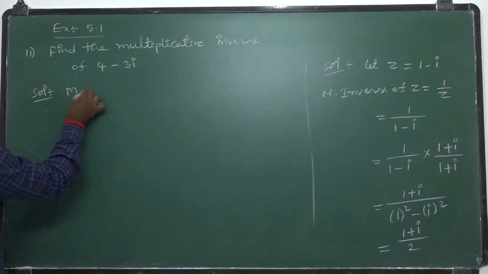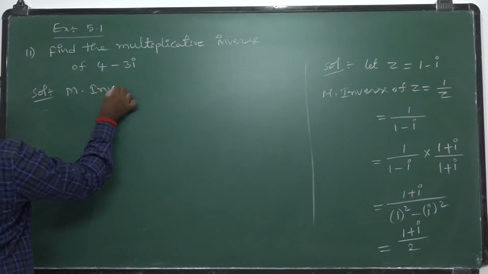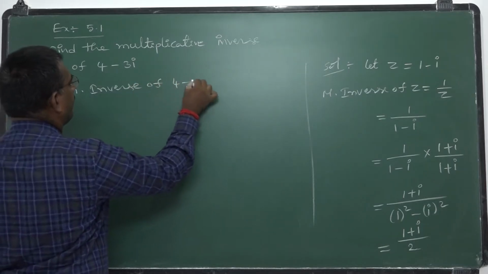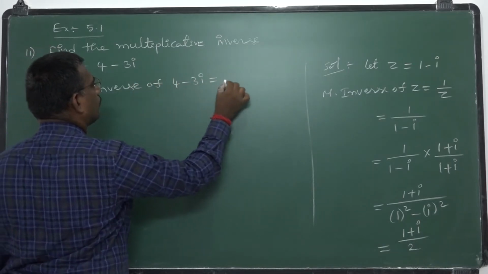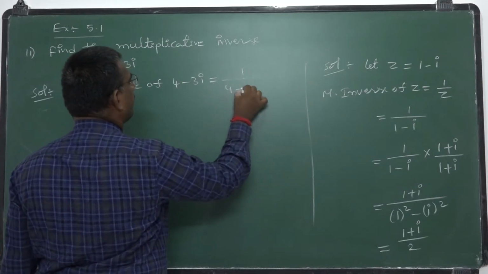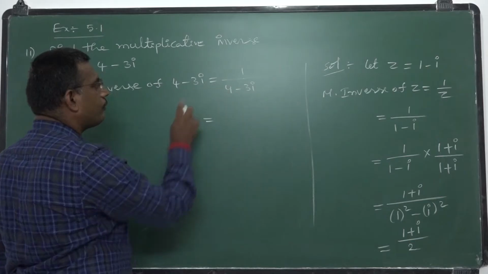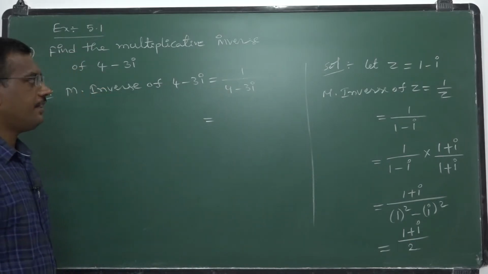So multiplicative inverse of 4 minus 3i is equal to 1 by 4 minus 3i. The conjugate of 4 minus 3i is 4 plus 3i.